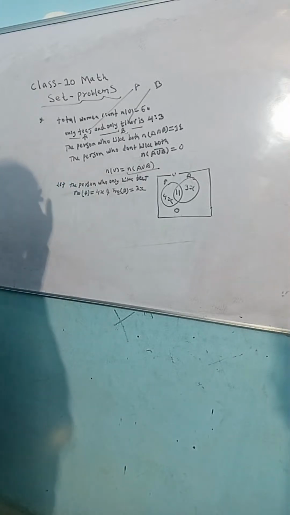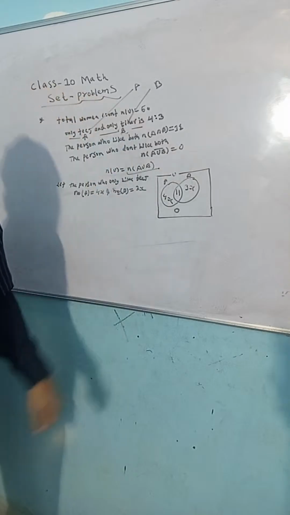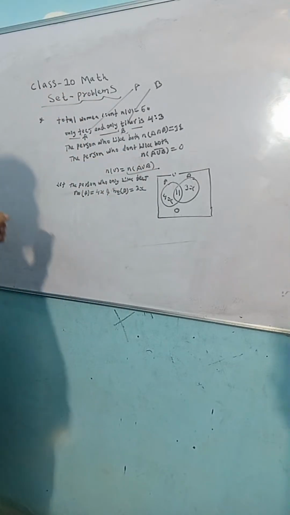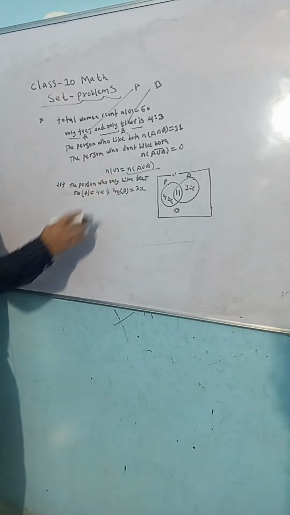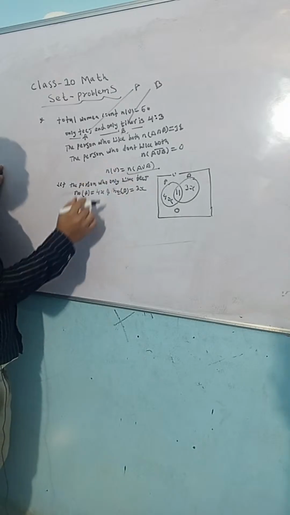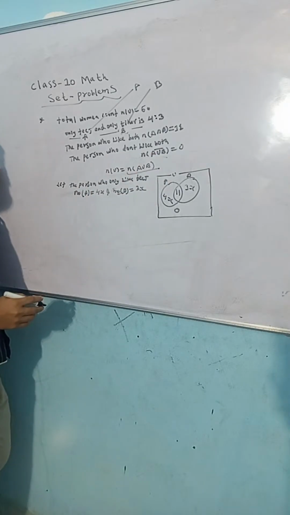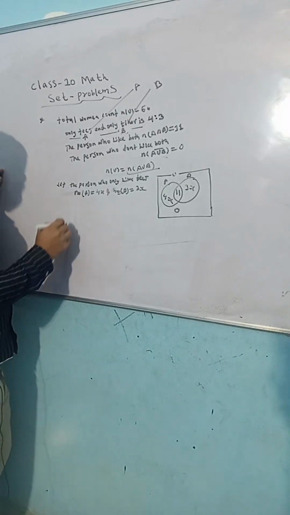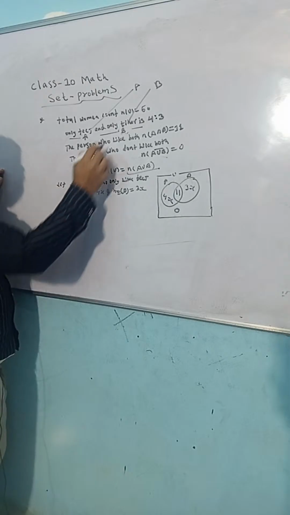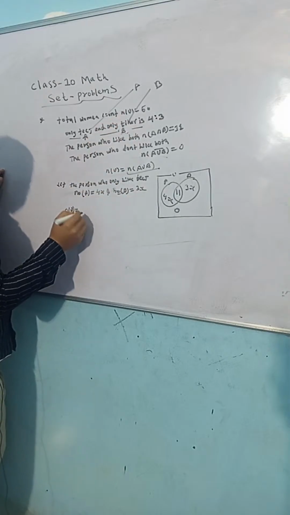In that case n of U equals n of A union B. Just use the formula of n of A union B, or any formula you can use. If you use this formula n of U equals, then keep this value 0, it doesn't matter. I will use the same formula, don't worry.